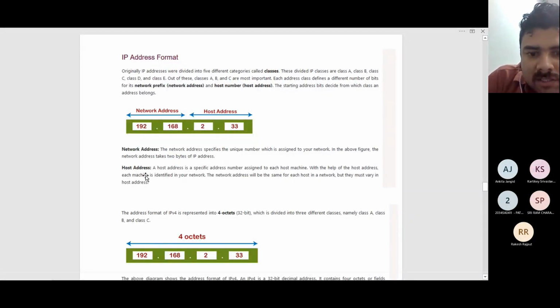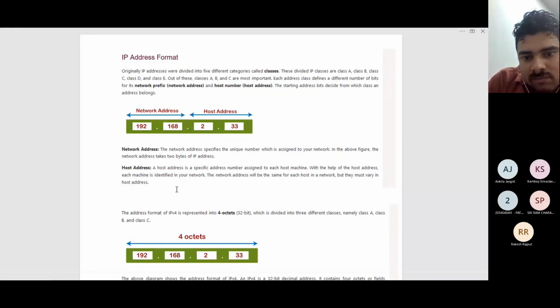Network address: the network address specifies the unique number assigned to your network. In the above figure, the network address is the fixed first 2 bytes of the IP address. Same for the host address: the host address is a specific number assigned to each host machine, and with the help of the host address, each machine is identified in your network.